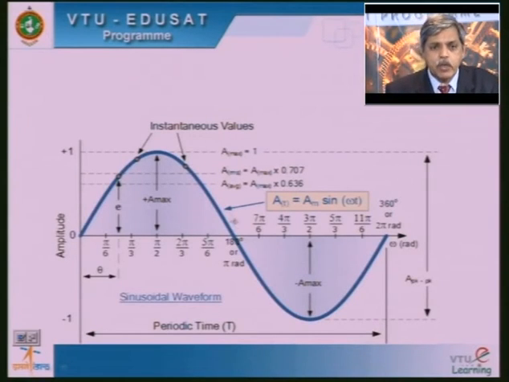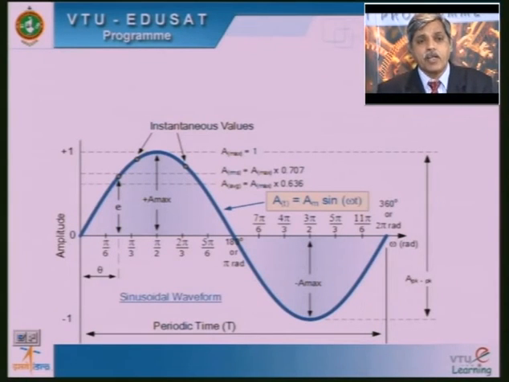So this is how we generate the waveform by rotating a coil in the magnetic field, and at different positions the induced voltage in the coil has a different value. Collecting all these values and plotting the voltages with respect to time or the angular positions of the coil, I get a sinusoidal wave.